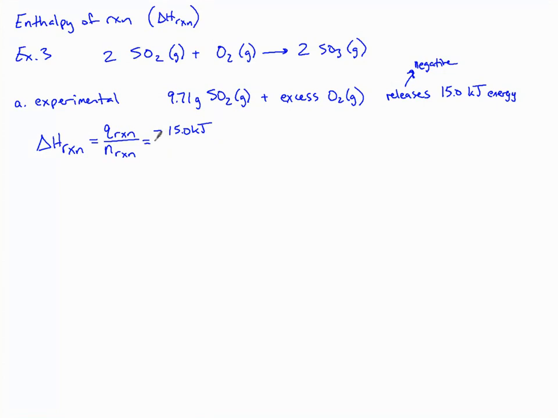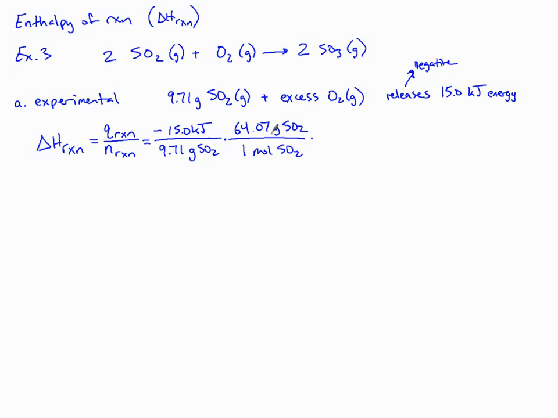And then the number of moles of the reaction, which we actually have grams, but we can fix this. So let's go ahead and put our grams in here. And then we can do our conversion in the same formula. So if we find the molar mass of SO2, it is 64.07 grams of SO2 per 1 mole of SO2.